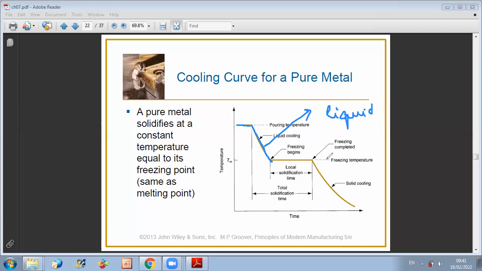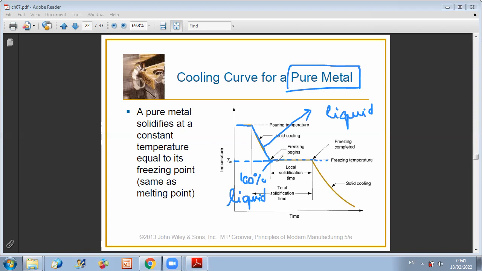Now, when we reach the freezing temperature, because it's a pure metal, we don't have a mixture of several metals, we don't have an alloy. It's characterized by one freezing temperature. Whenever we reach the state where we have 100% liquid, we will start to have a change of phase, so a part will be transformed into solid.